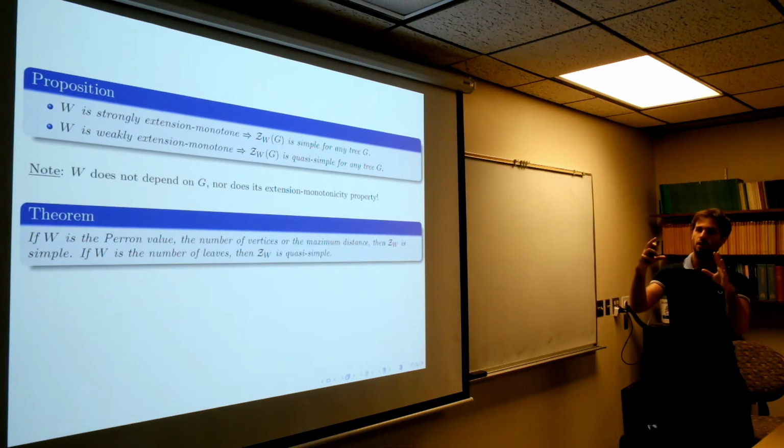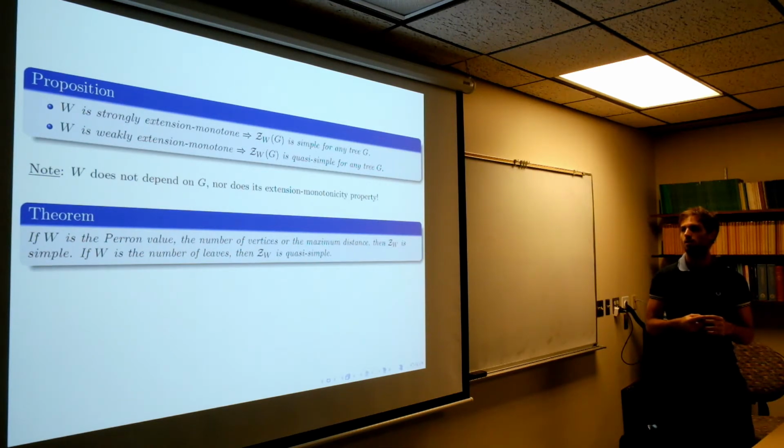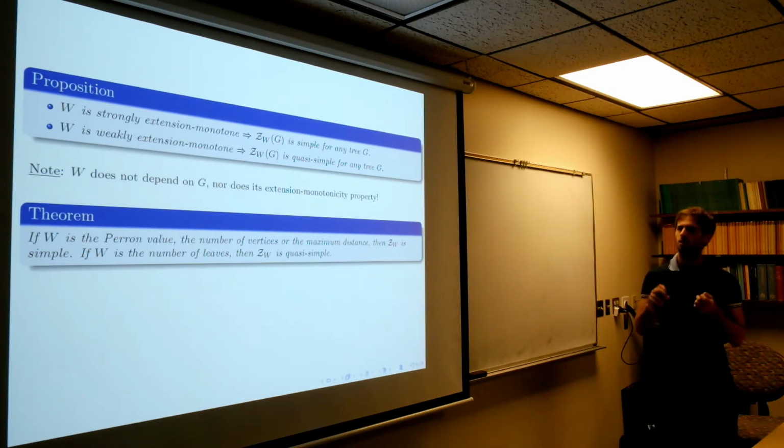If we have a big tree, then it has more vertices than a smaller subtree, and also the maximum distance. So in all of these cases, W is strongly extension monotone, meaning that the center is simple. So for free, any center using one of these weights will be simple. And if W is the number of leaves, well, W is not strongly extension monotone, but it is weakly extension monotone. A subtree of a given tree can never have more pendant vertices than the original tree.